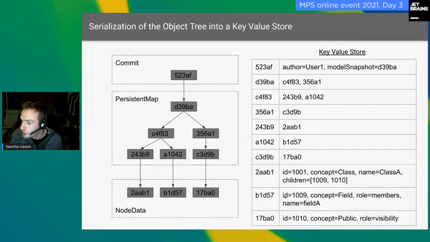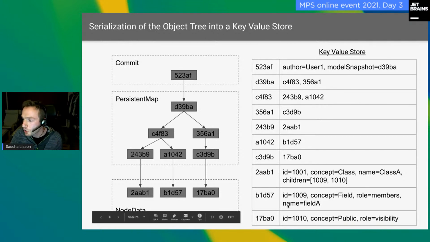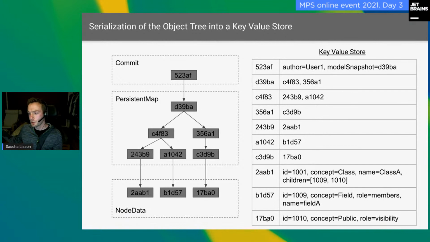This is similar to the object store that you might know from Git. So you serialize all the objects that are part of your data structure. The serialized objects are the value in the key value store, and the key of an entry is a hash over the value.